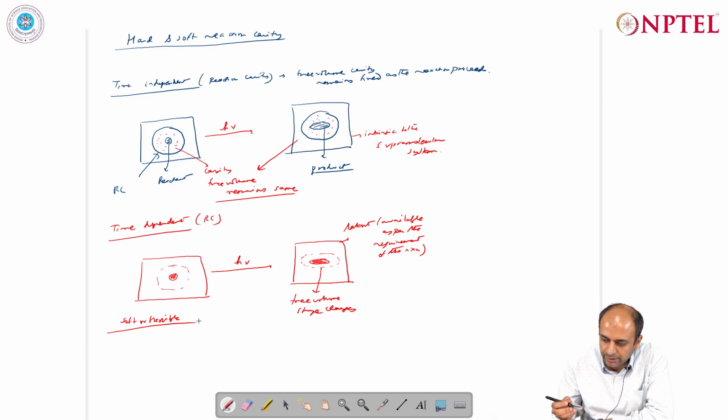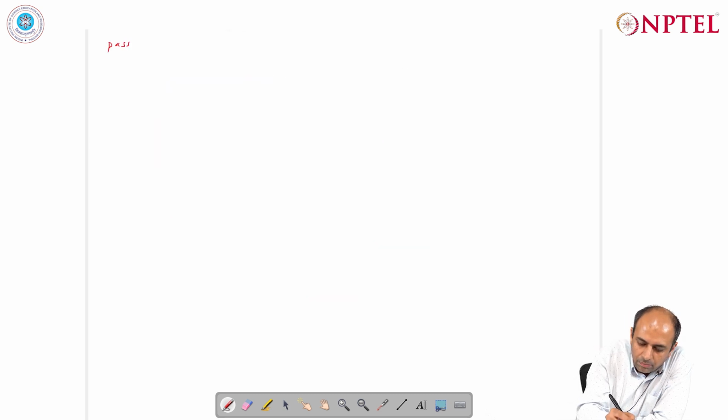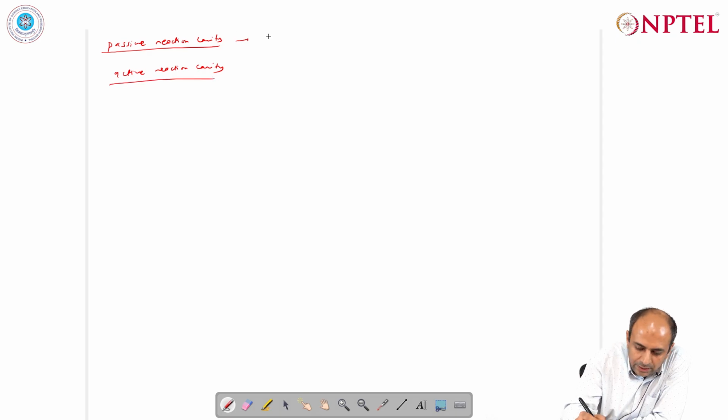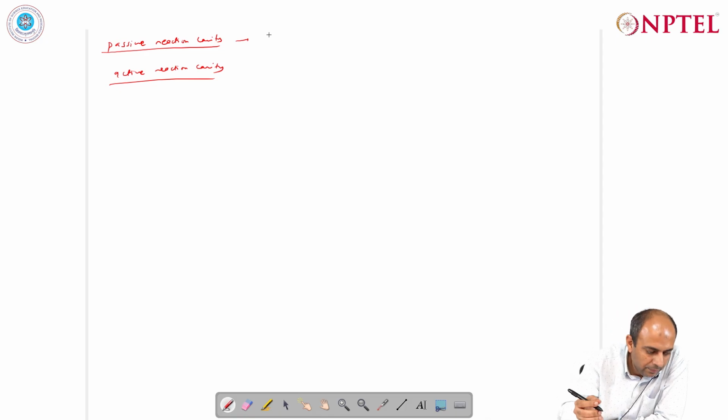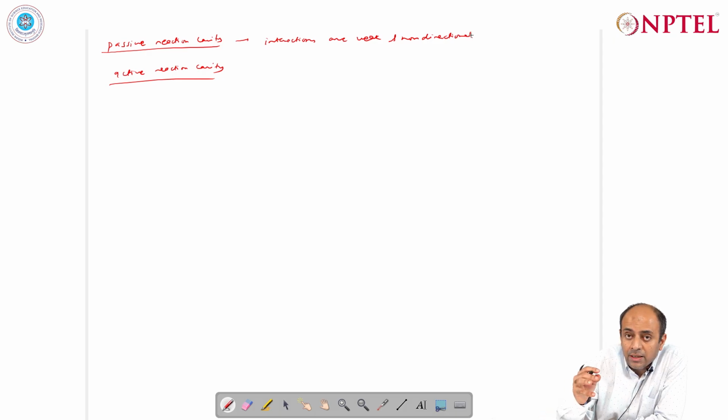And then there is another categorization of cavity, that is the reaction cavity we called passive reaction cavity, and we have got active reaction cavity. So here in case of passive reaction cavity, you see we have got the host structure, which is either the crystal or we have got the supramolecular host complexes. The interactions are weak and non-directional, or practically you can say that they do not exist.